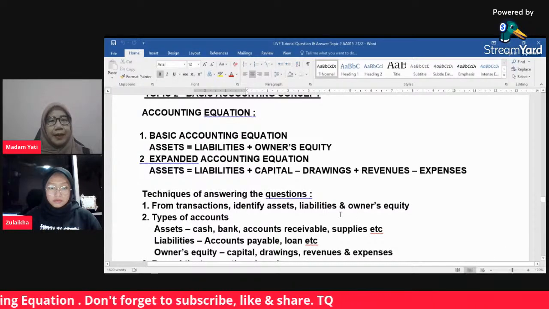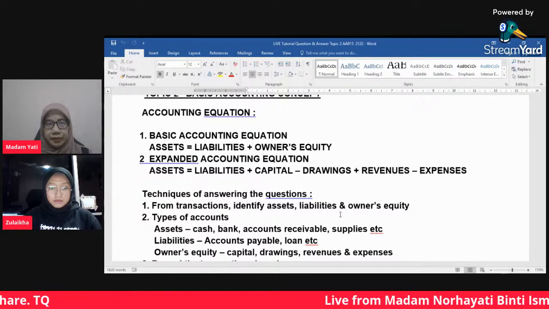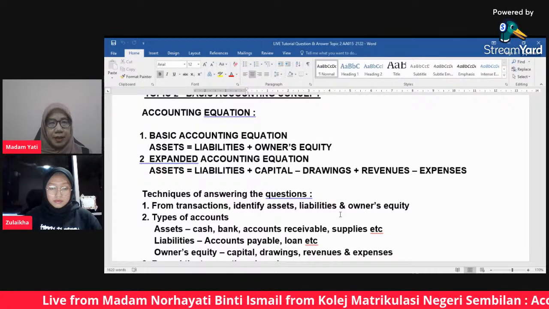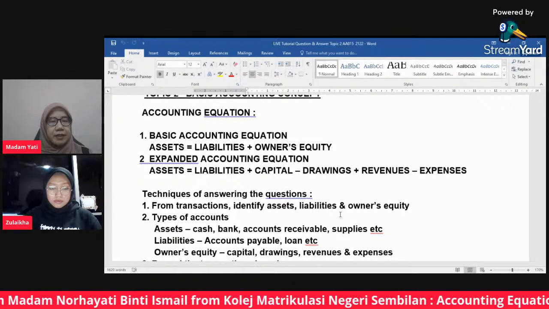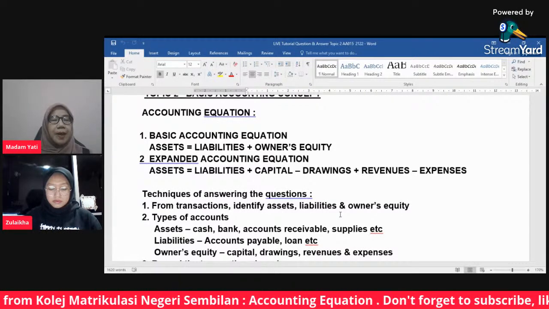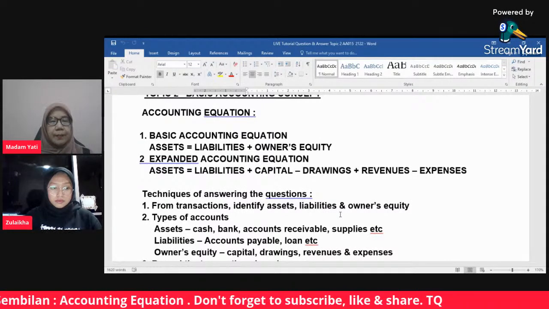You have to identify asset, liabilities and owner's equity. That one is the basic accounting equation. You must identify from the transaction. So what is a transaction? Urus niaga. When I say transaction, it has a date, details, and an amount. Those three things must be in the transaction.